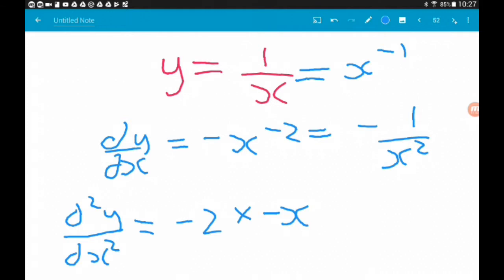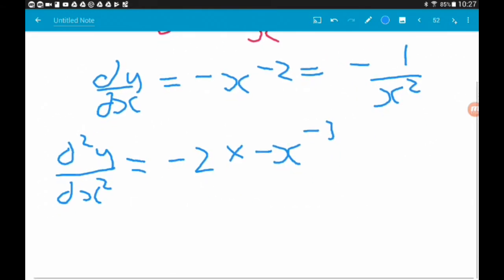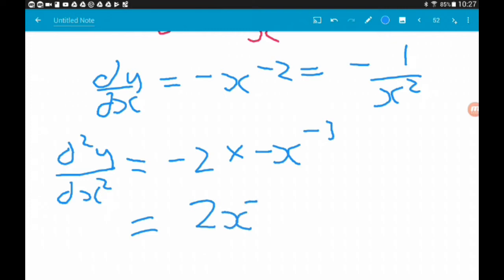The power goes down by 1. So minus 2 times minus x to the minus 3 is positive 2x to the minus 3, which is 2 over x cubed.